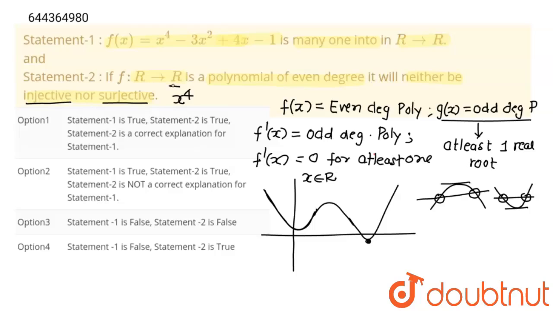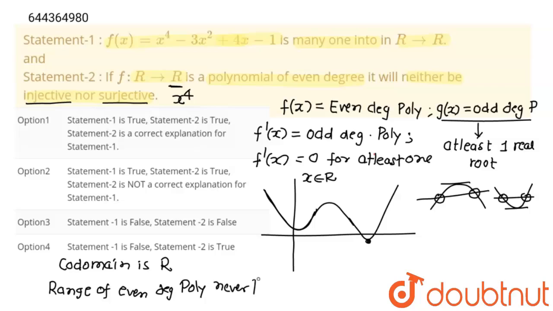Here you can see the codomain is R. The codomain in the question is R, but the range of an even degree polynomial is never R, while the range of an odd degree polynomial is always R. So from here we can write this concept: range of an even degree polynomial is never R. So here in the question the codomain is R and the range is not R, which means that this is into.